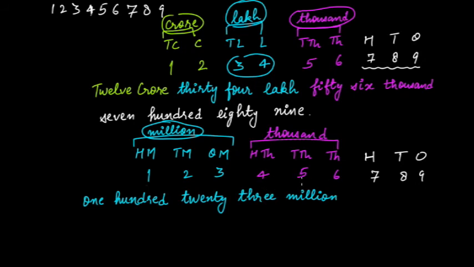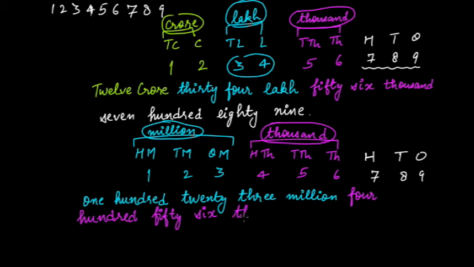This particular grouping, what's the number? 456 thousand. Then we are left with this. What's this number? 789.